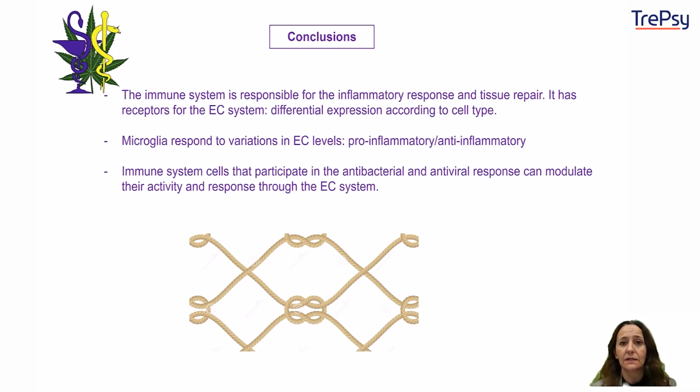Microglia, which is the cell population of macrophages present in the central nervous system, respond to variation in endocannabinoid levels, with pro-inflammatory or anti-inflammatory responses. The immune system cells that participate in the antibacterial and antiviral response can modulate their activity and response through the endocannabinoid system.